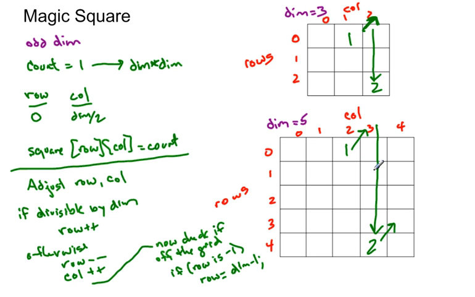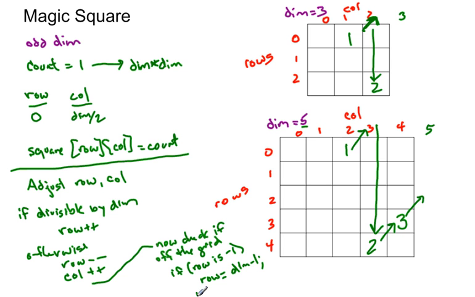All right. So then let's take this. We place our 3 here, and we're going up and over, and now we've gone off the right side of the grid. Well, how do we know we've gone off the right side of the grid? If I go off the right side of the grid, what happened to my column? My column, oh, it equals dim. See how out here it's 5? And I'm off the grid. That's the same as dim. Same thing here. My column would be 3.